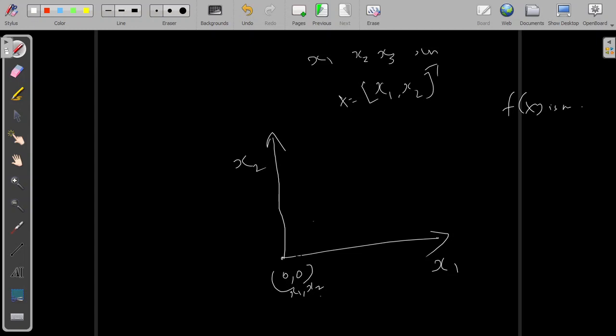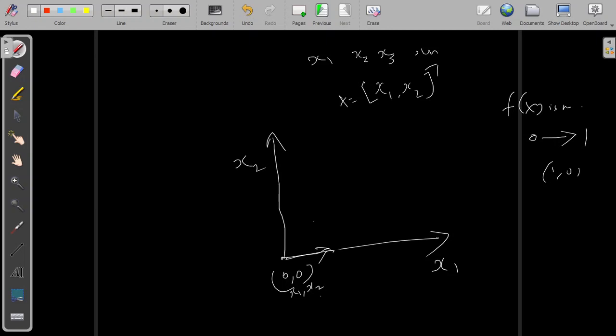Suppose x1 is varied from 0 to 1. That means it becomes 1 0, right? 1 0 means we are optimizing only in one direction. We are moving the function only in one direction, by fixing this x2.